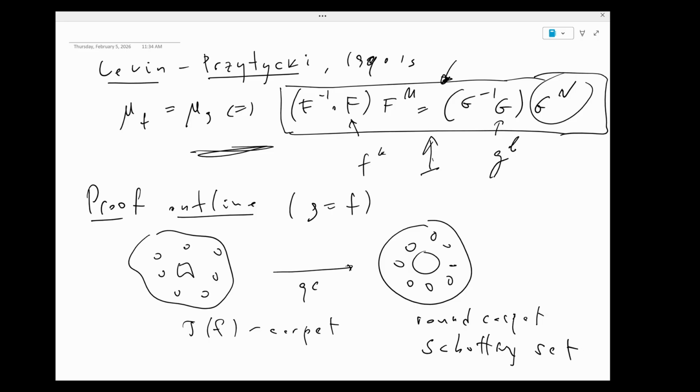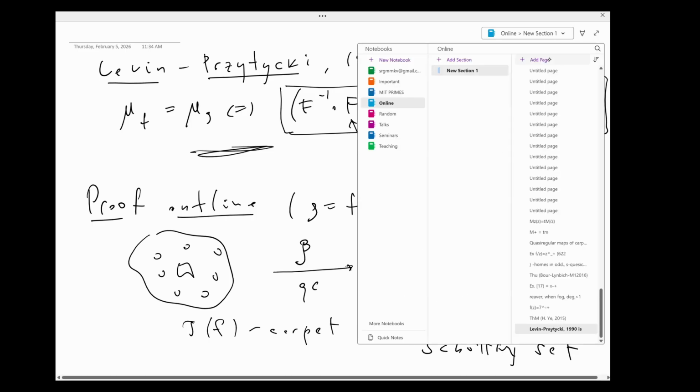In honor of Mario, I denote this map by beta. Okay. Now, I extended some of this. We had some early results with Bruce Kleiner about rigidity of Schottky sets. I extended some of them to so-called relative Schottky sets in about 2012, 2014.